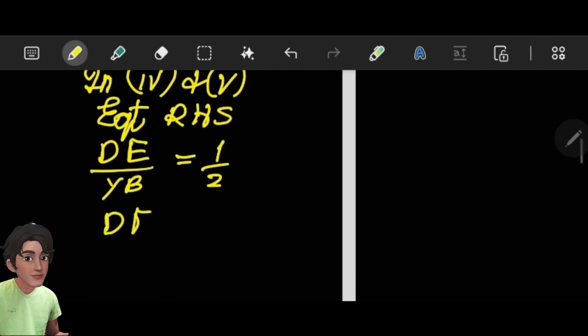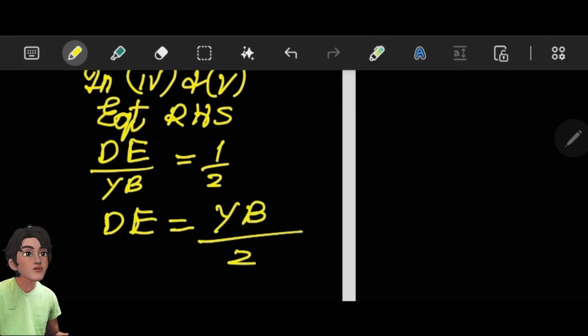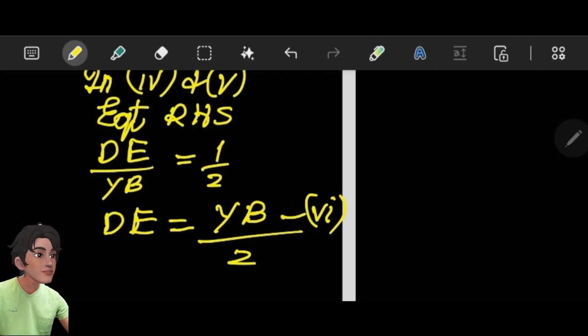Taking this as equation 6 and comparing this with equation 3, we are going to form another equation. Let's look into it.